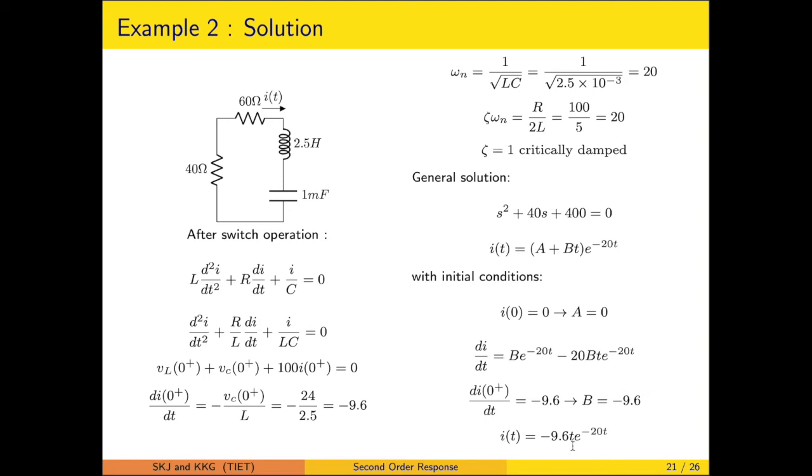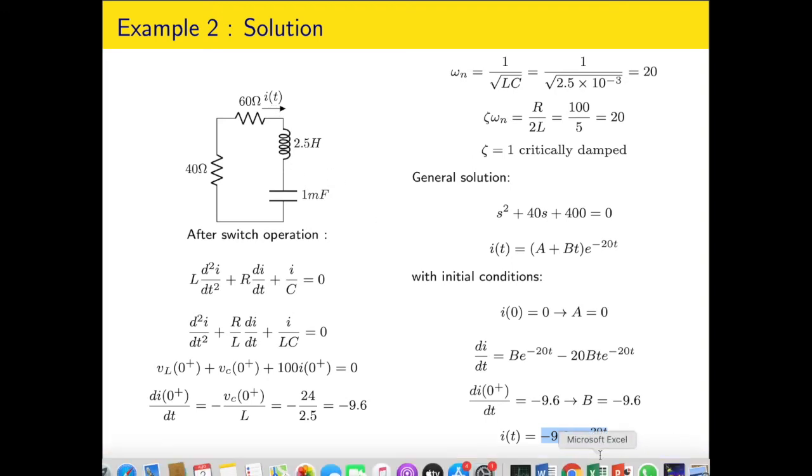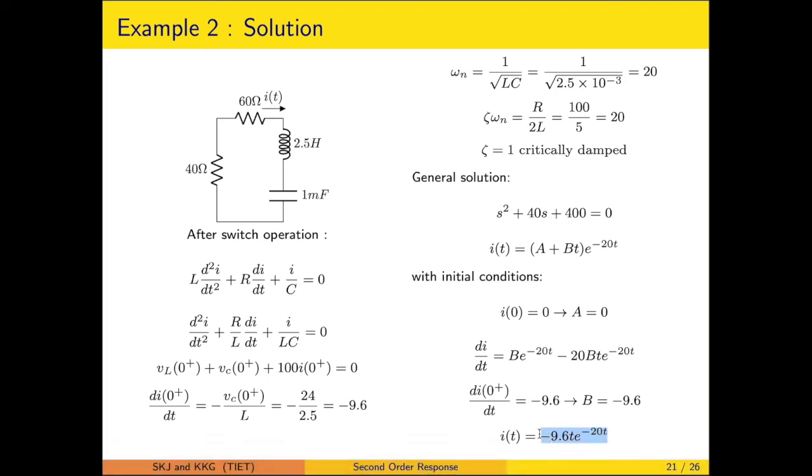Now i(t) comes out to be negative. What does this negative signify? That the current will be directed opposite to the conventional directed current. Because the capacitor will be charged with the upper plate positive, the current will be directed likewise.